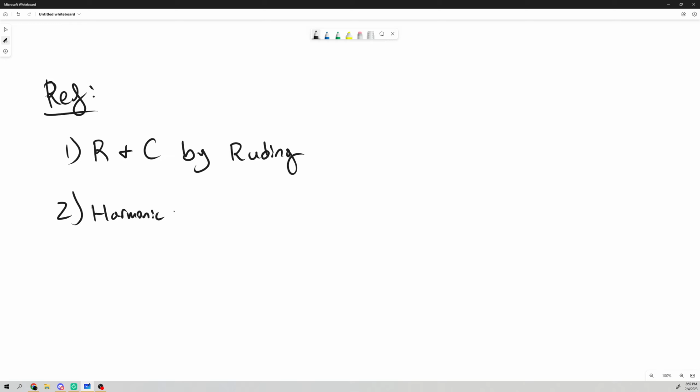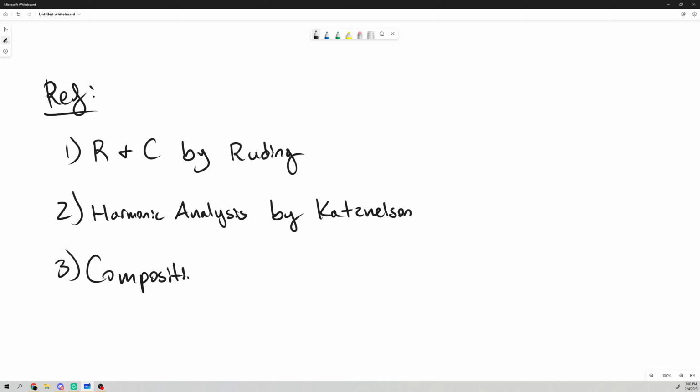Harmonic Analysis by Katznelson, a very famous Dover book. And then the third one, I should probably just say Composition Operators by Duren.